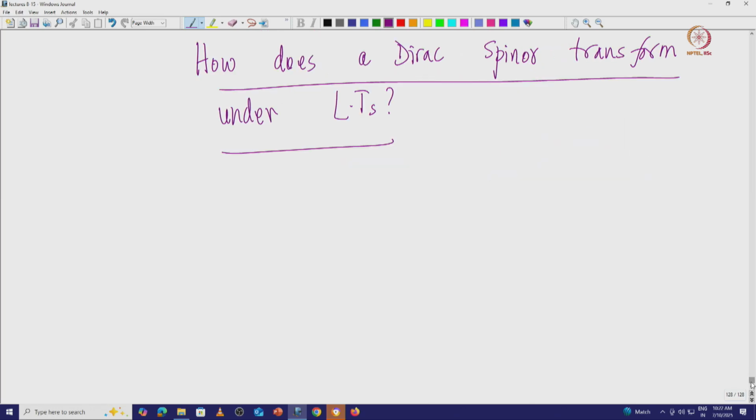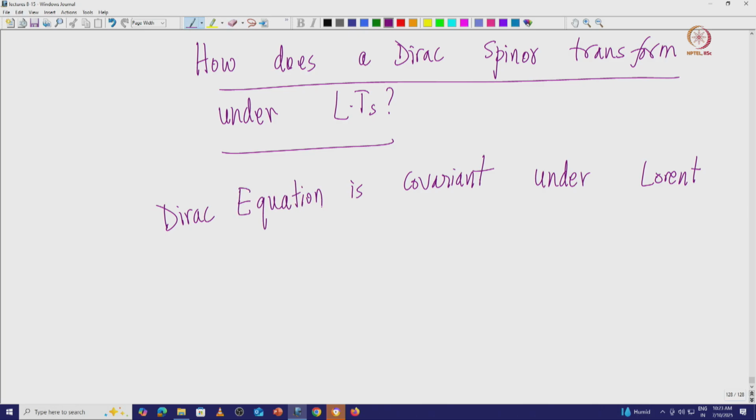Let's see. I should be more accurate: I shouldn't say the Dirac spinor, the Dirac equation is covariant under Lorentz transformations essentially.